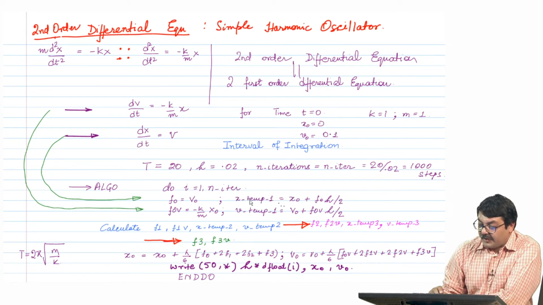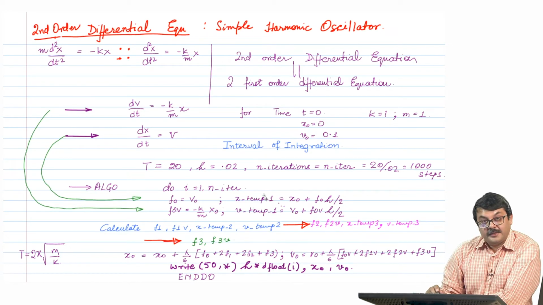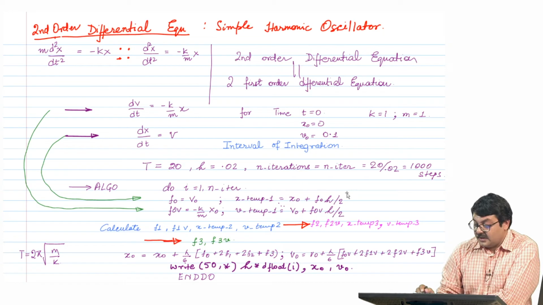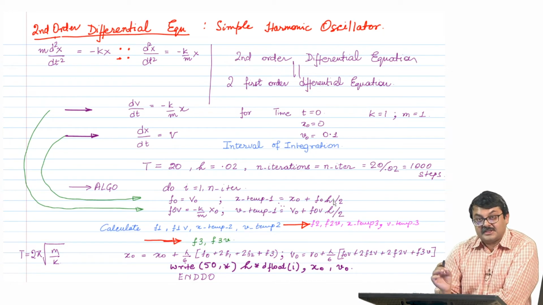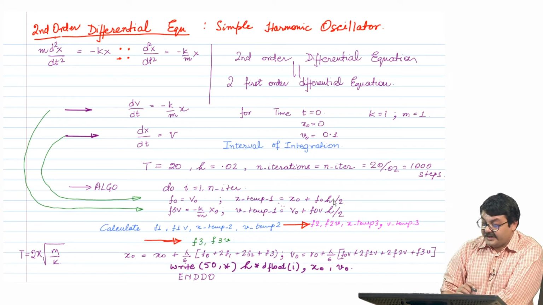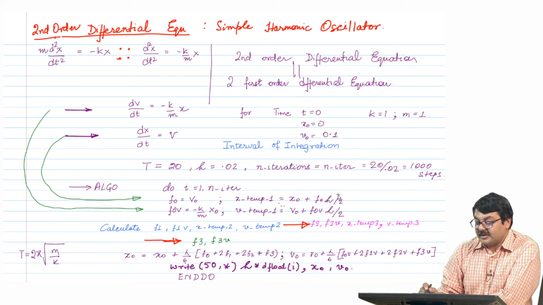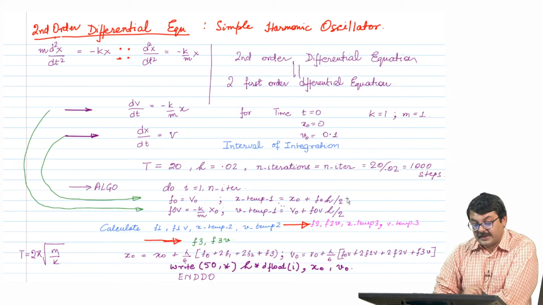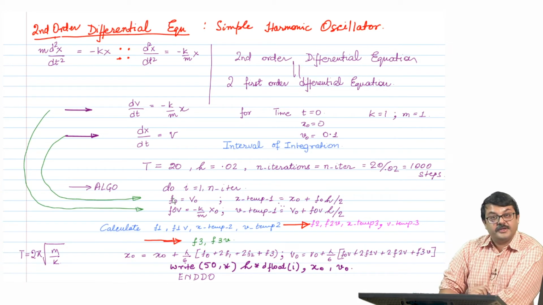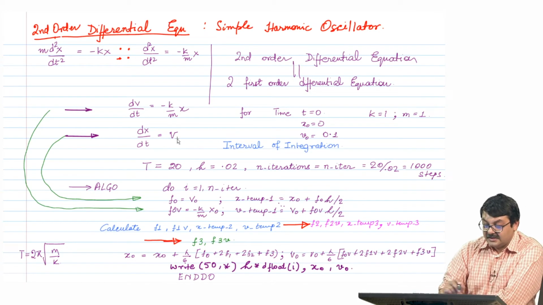So, x temp 1 is x 0, right. You have the value of x 0 here, and the temporary value of x 1 when the position is moved ahead for a time h by 2 is nothing but x 0 plus f 0 h by 2. You have calculated f 0 here from this equation.